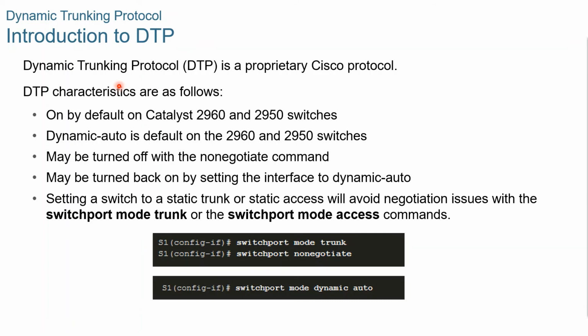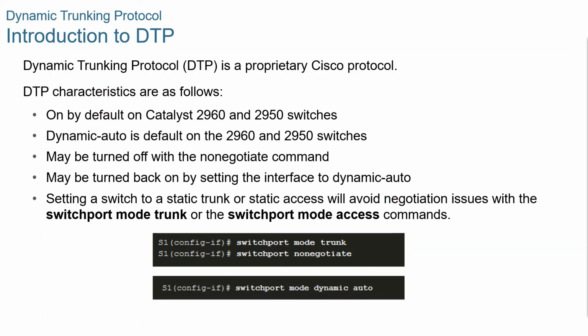Ethernet trunk interfaces support different trunking modes. An interface can be set to trunking or non-trunking, or to negotiate trunking with the neighbor interface. Trunk negotiation is managed by DTP, which operates on a point-to-point basis only, that is, between network devices.